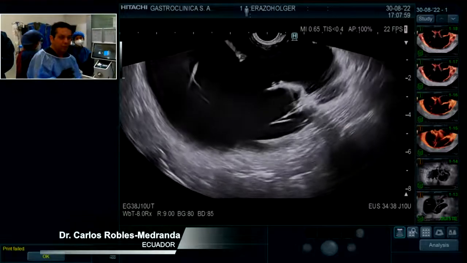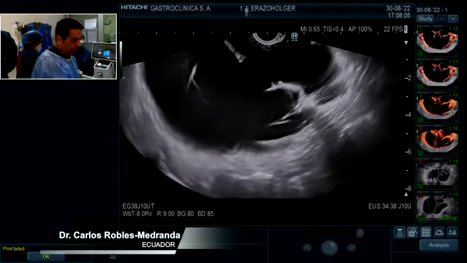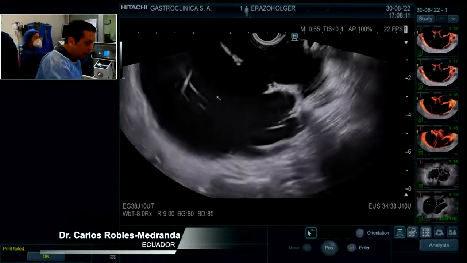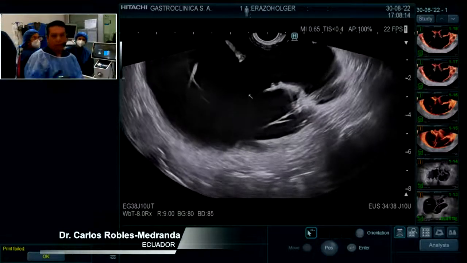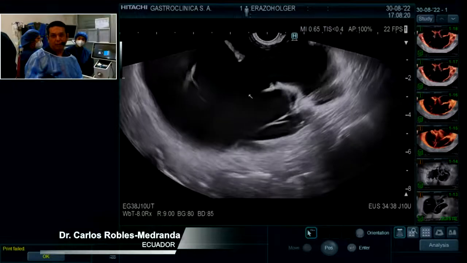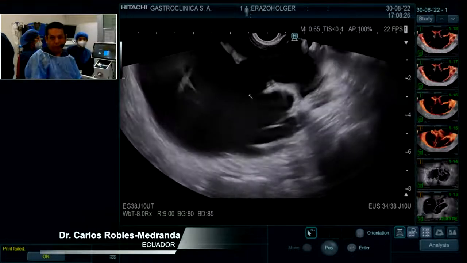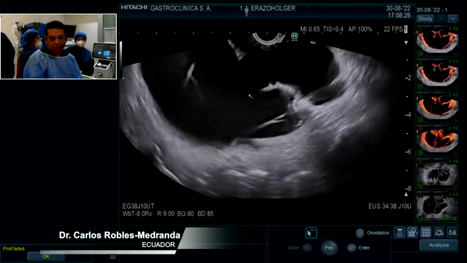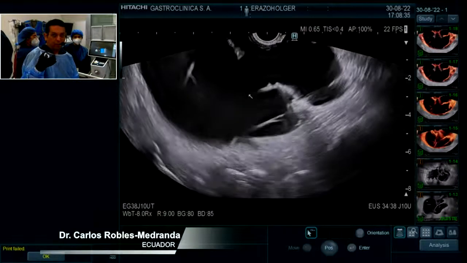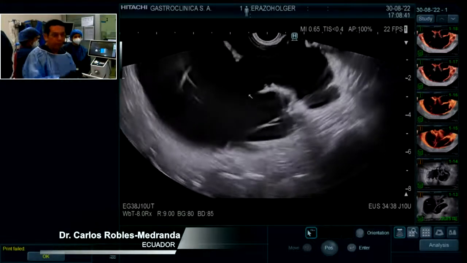What we saw is that the B mode that we are looking at now here, this black and white endoscopic ultrasound image, is not enough, because the probability of making a mistake is around 50%. Even with the characteristics that have been published over the years, at that moment we didn't have good correlation, and we didn't have good technology to have a very good assessment of this kind of cystic lesion.